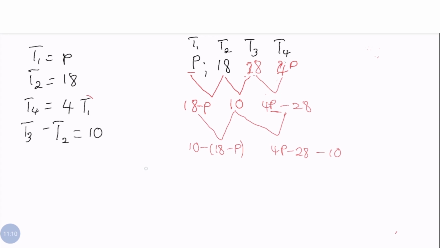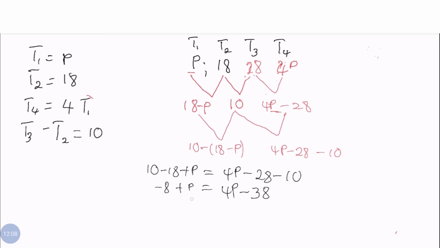So therefore 10 minus 18 plus P is equal to 4P minus 28 minus 10, which is 10 minus 18 is equal to negative 8, plus P equals 4P, negative 28 minus 10, that is negative 38.